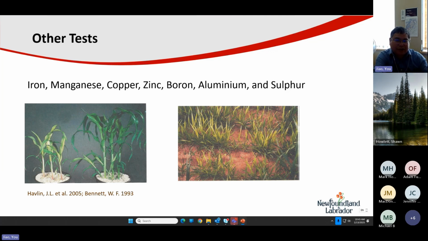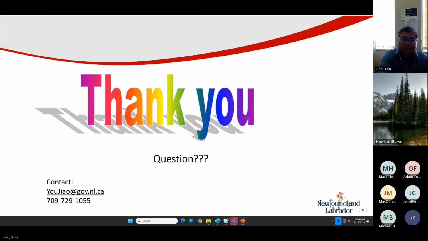It's not like nitrogen. That's why the deficiency signs show on the top and young leaves. In the wheat field, with sulfur deficiency, you see the bleached yellowing on the top young leaves. That's the opposite of nitrogen.